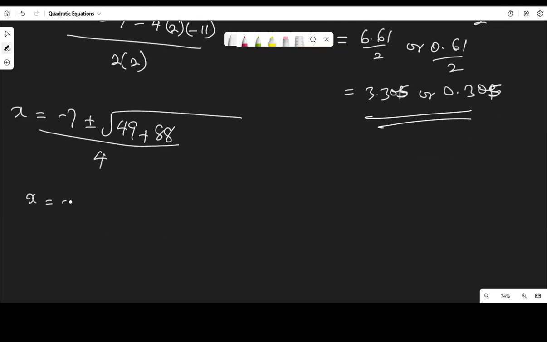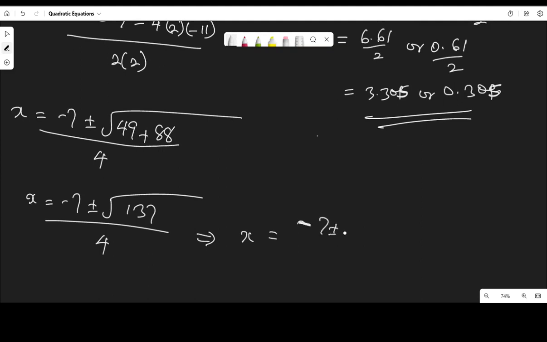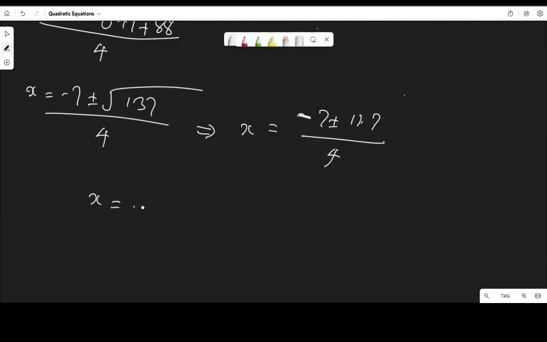This will be -7 plus or minus the square root of 49 plus 88, which is 137, all over 4, which implies x is equal to minus 7 plus or minus the square root of 137, which is 11.7, over 4. That means x is equal to minus 7 plus 11.7 over 4, or minus 7 minus 11.7 over 4.